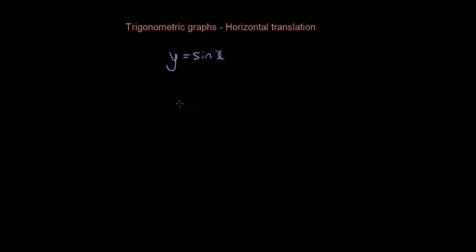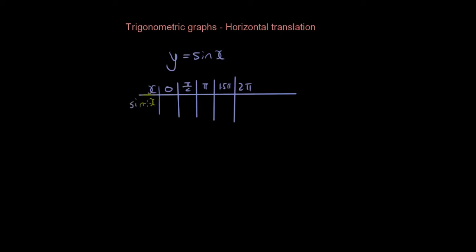And so you can remember that if we want to draw a graph, we start by using the table of values. So when x is 0, let's work in radians now. So pi over 2, pi, 1.5 pi, and 2 pi. Okay, so what is the sine of x?